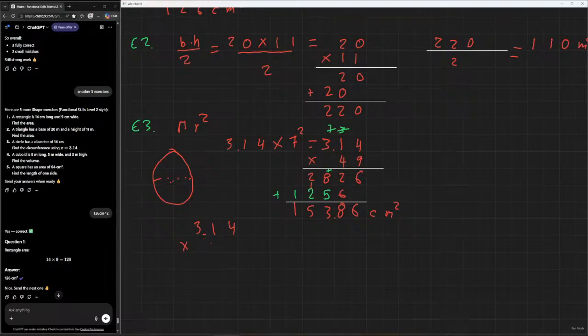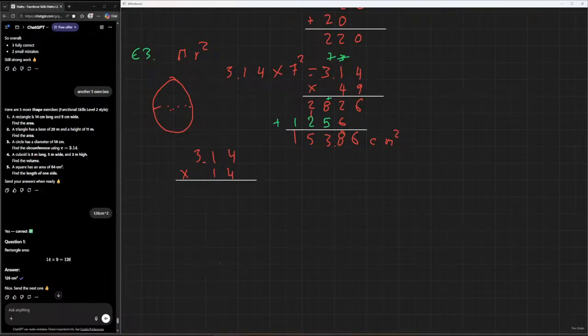3.14 times the 14. So 4 times 4 is 16. Times 4 is 4, plus 1 is 5.